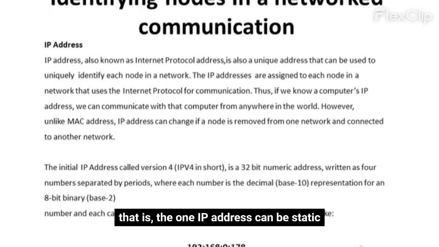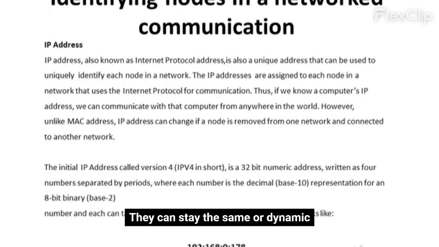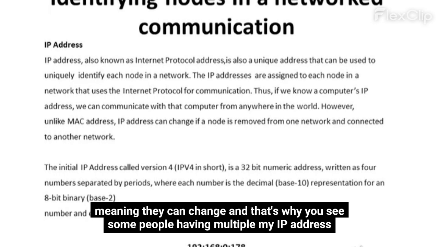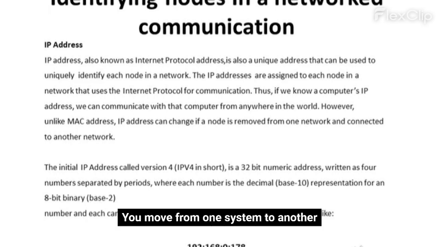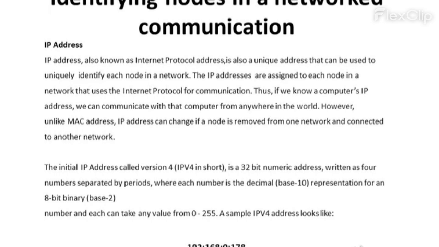An IP address can be static, meaning it can stay the same, or dynamic, meaning it can change. And that's why you see some people having multiple IP addresses. You move from one system to another, you move from one location to another, with your IP address changing continuously.